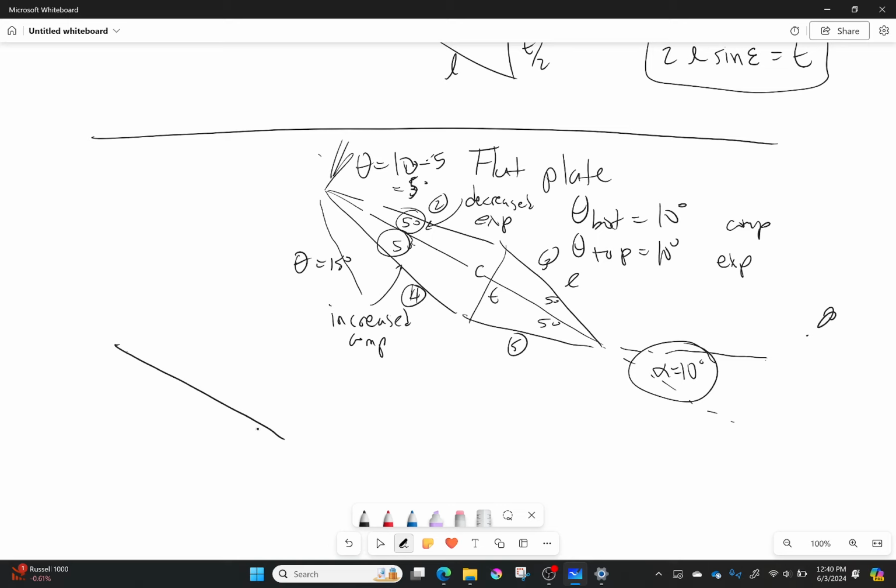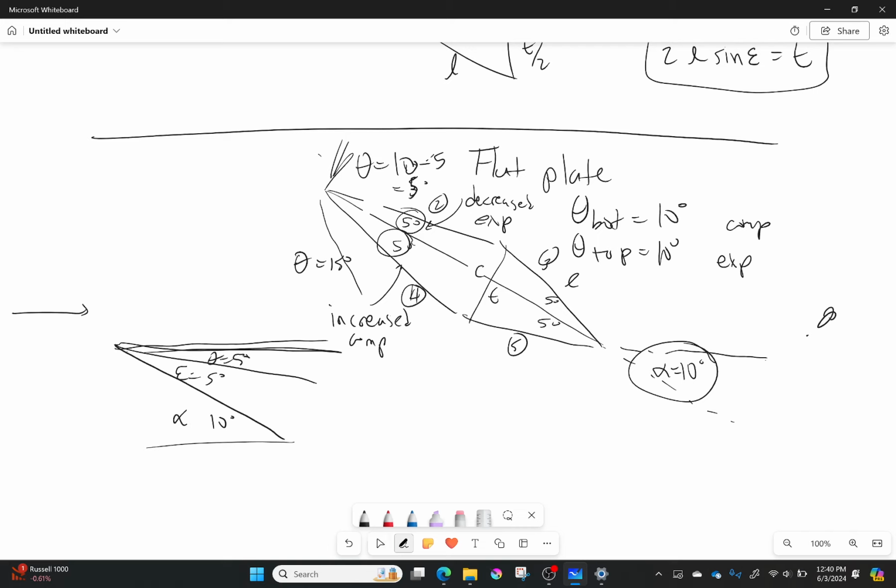So this one right here is just a flat plate at 10 degrees, and this one right here is 5 degrees. If I'm coming from the horizontal, I can figure out what this angle is, and that would have to be 5 degrees. So that's my deflection angle. This is the wedge's half angle right here.